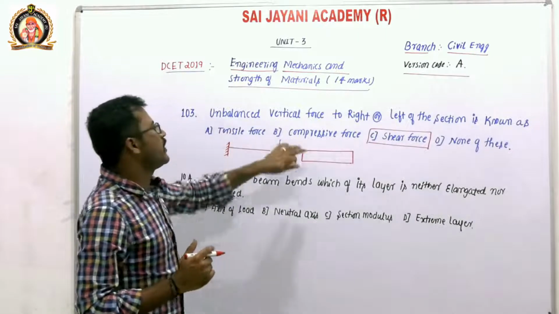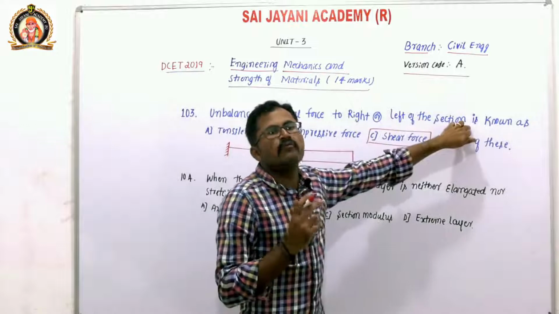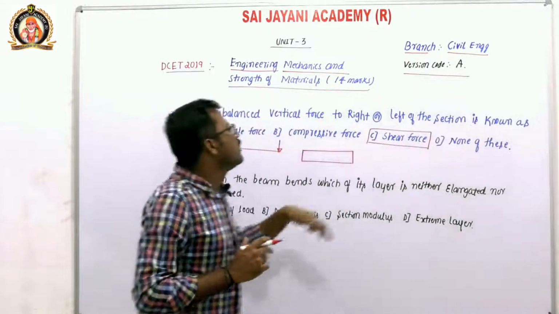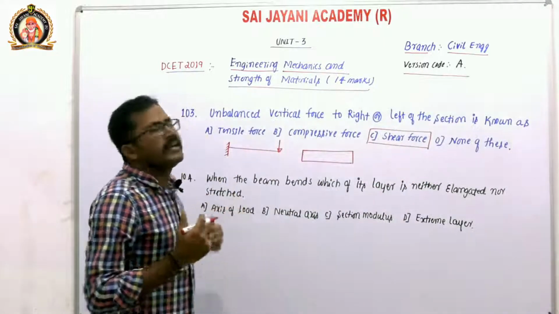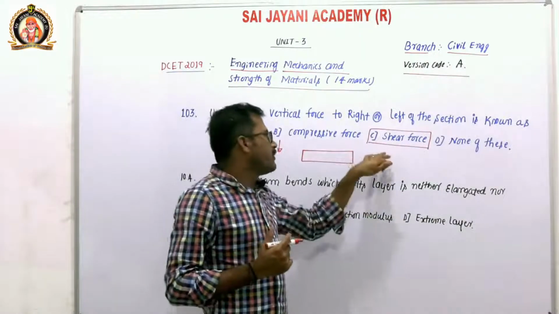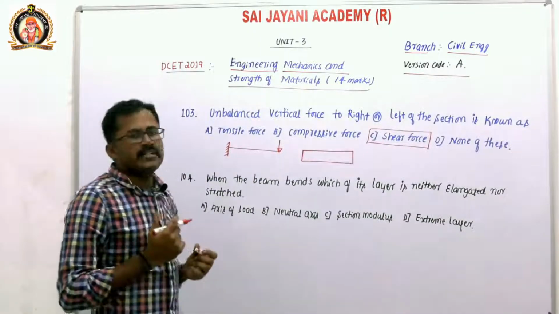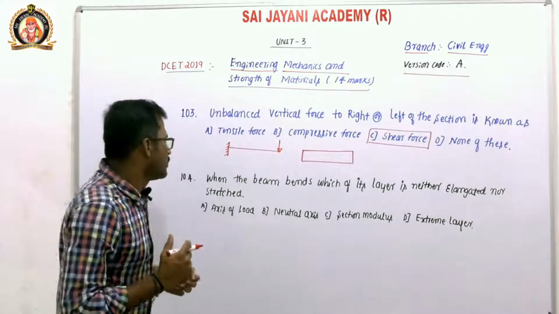So unbalanced vertical force to right or left section of the beam, the word beam is missing, so don't get confused by the missing word beam. So it is related to shear force. So option C shear force is the right answer.